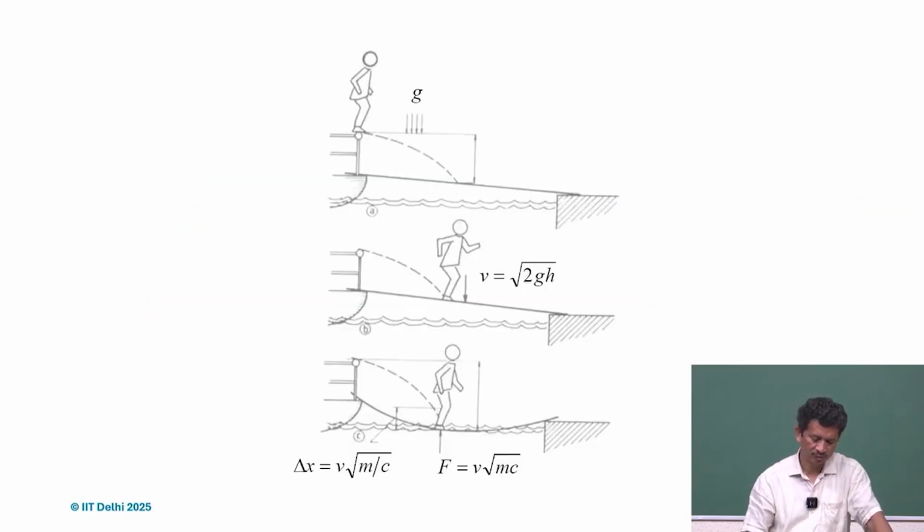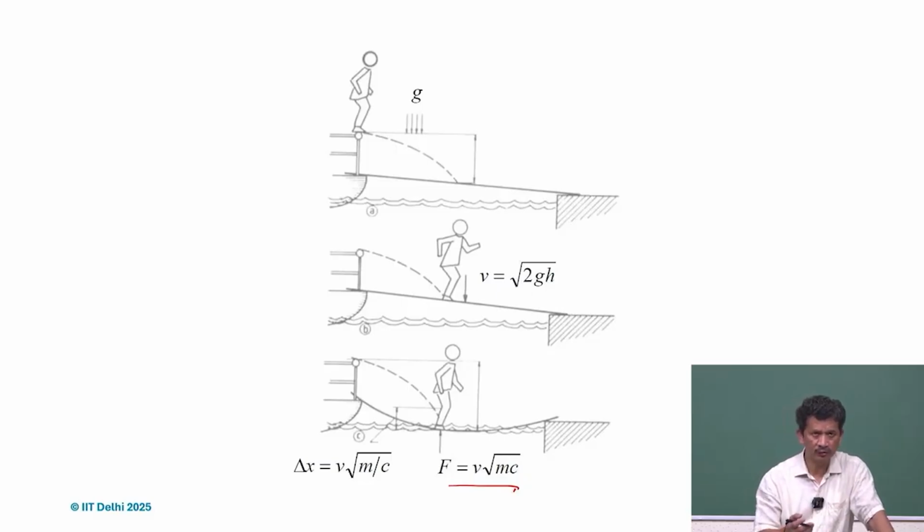And one can correlate, like if a person is on a ferry, and suppose you have just a support and you jump. What happens if it's a very stiff board? Then the force will be very high, and you may hurt your ankles.